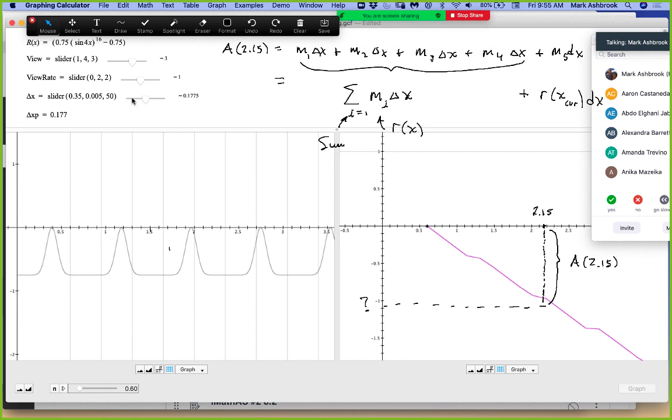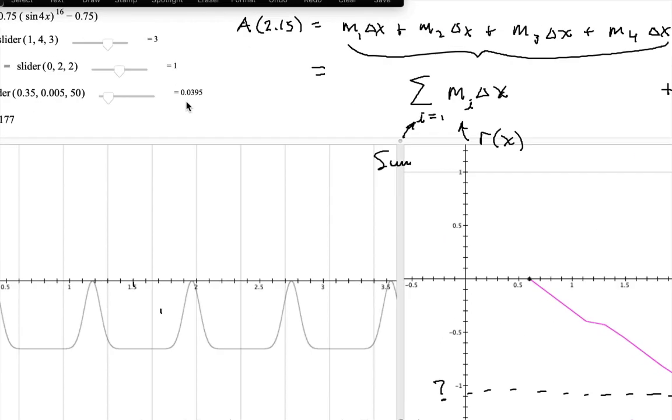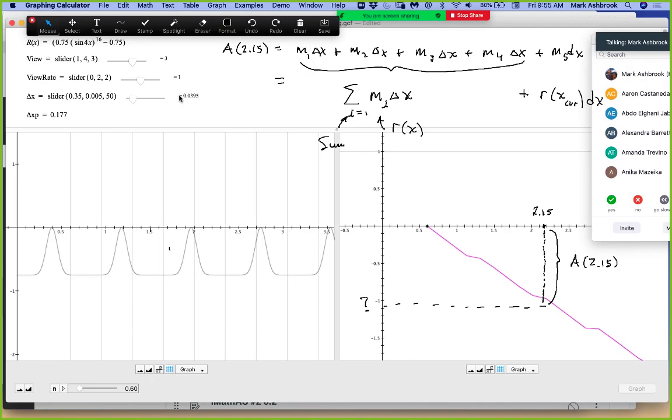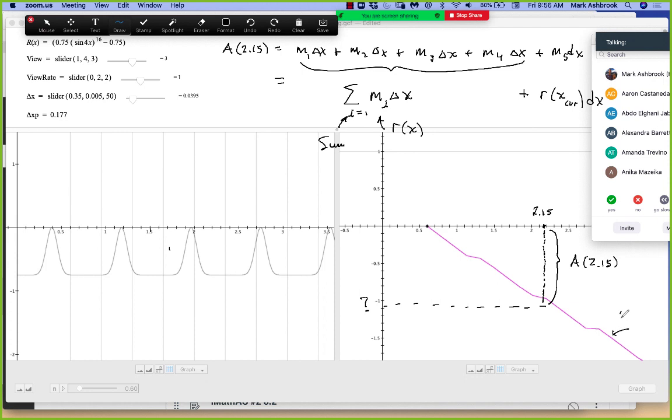I can't read that. What does that say? 0.0395. So now our new delta x, this was from the delta x of 0.177, and now we have a new delta x of 0.0395. All right, so let's check it out.